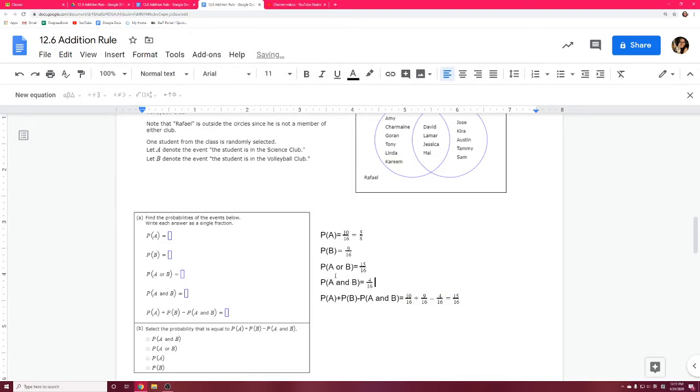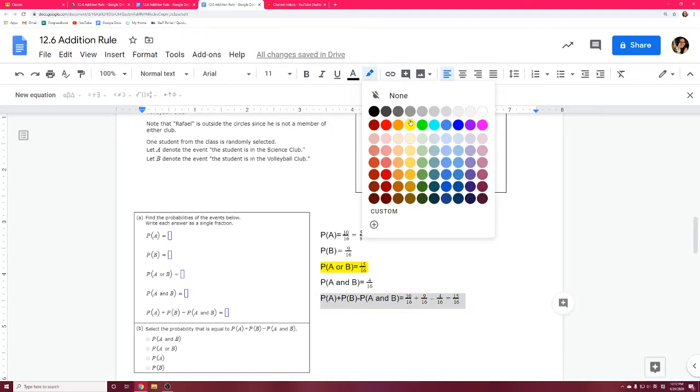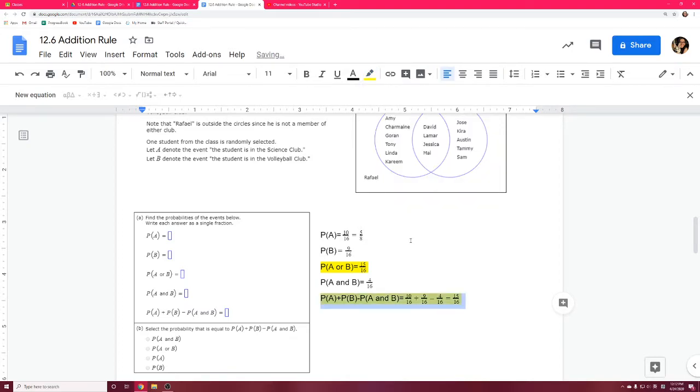Okay, so over here, do you see those two are exactly the same thing? I just want to let you know, even though we haven't given you the formula for not mutually exclusive events, this is actually the addition rule formula if those two events are not mutually exclusive.